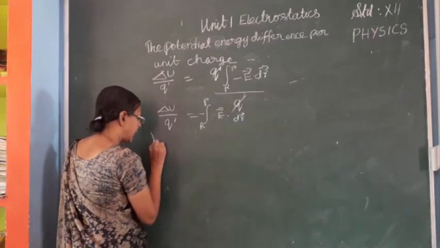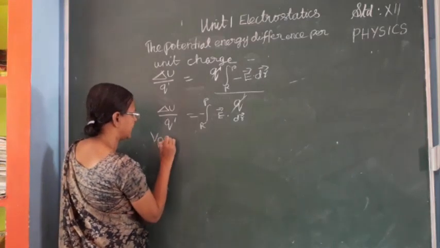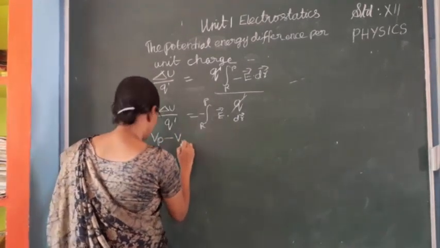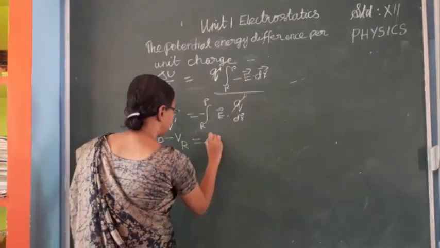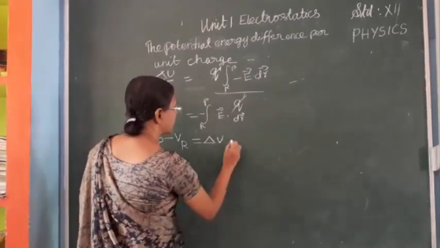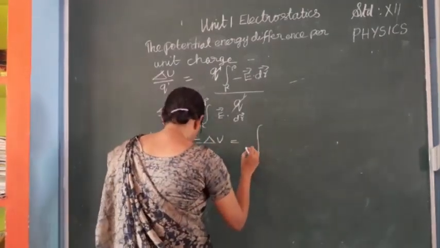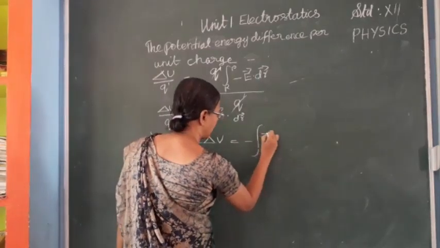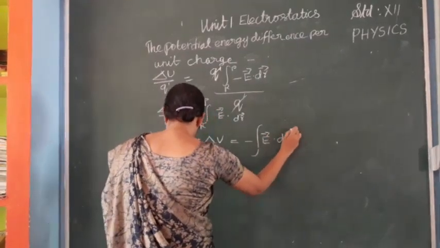Potential is denoted by V, so Vp minus Vr equals del V, which is the same thing: minus the integral of E vector dot dr vector.